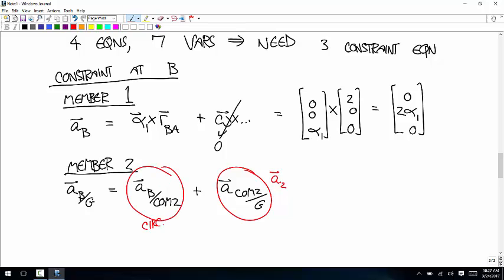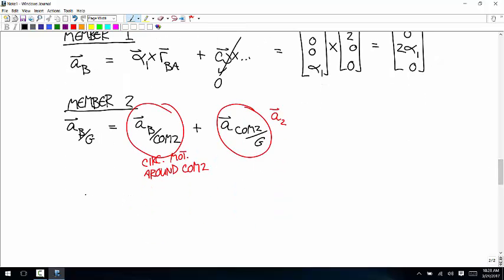And this is circular motion around the center of mass of 2. So the acceleration of B relative to G is equal to 0, 0, alpha 2 crossed with the r vector that goes from the center of that member to B.